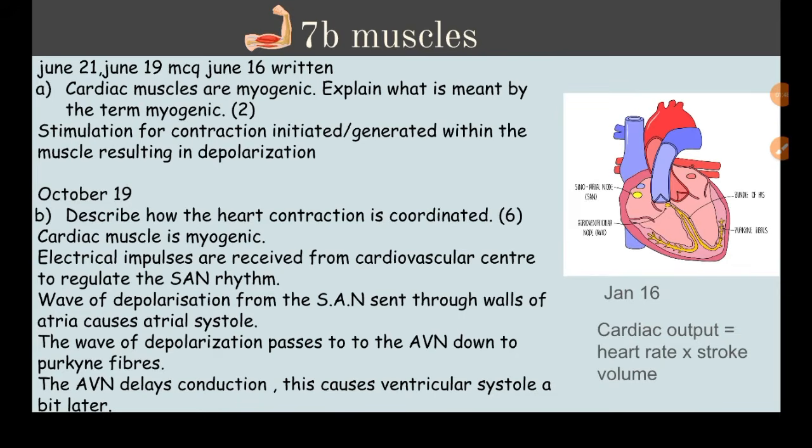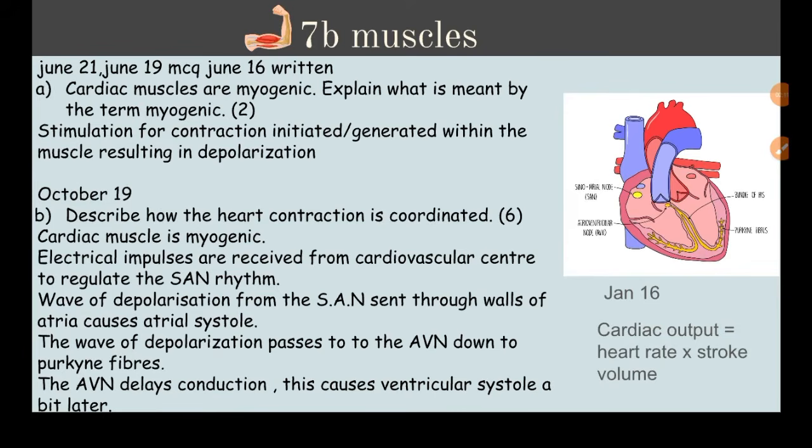So the cardiovascular center can signal for the heart to beat faster. So the wave of depolarization from the SAN is sent through the walls of the atria, which causes atrial systole. And then the wave of depolarization passes to the AVN, down the Purkinje fibers after a delay, and causes ventricular systole.